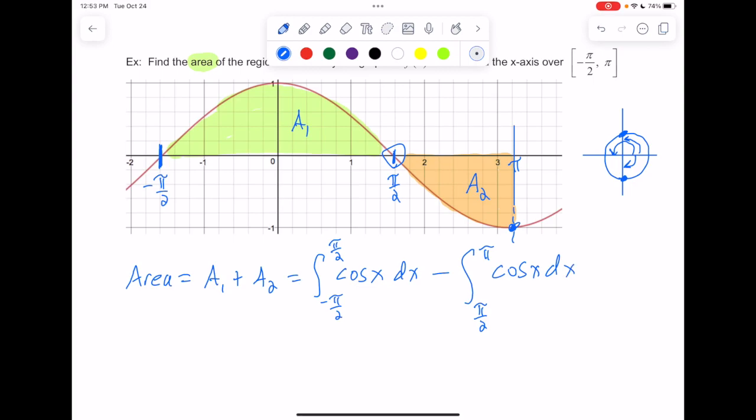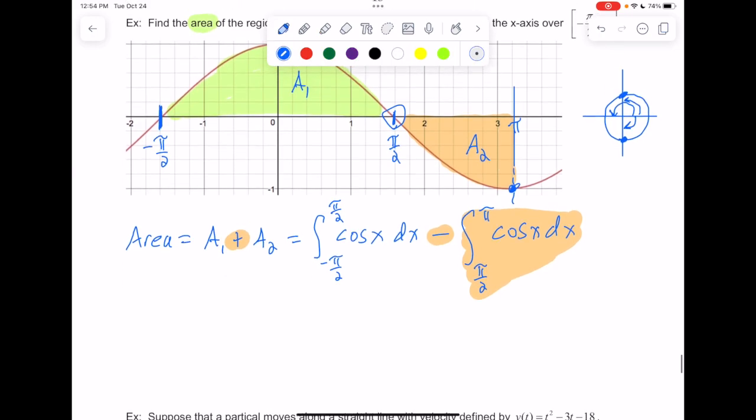And again, the reason we're going to want to do the minus there is because this definite integral right here represents the net area for that A2 region, which will come out negative. So putting that negative out front is going to make those two negatives cancel and become this addition that we actually want. So let's go ahead and set that up and evaluate it.